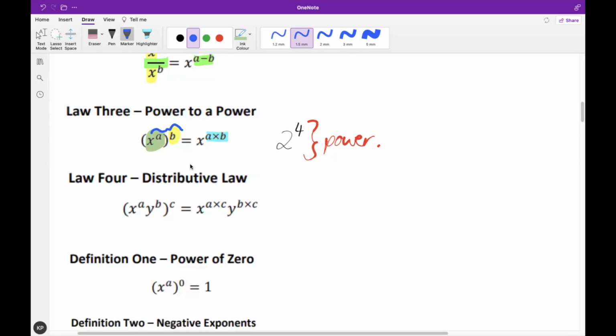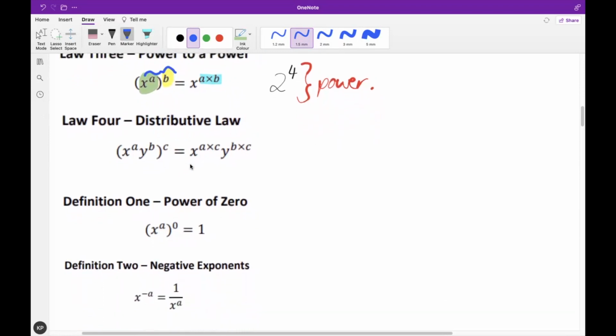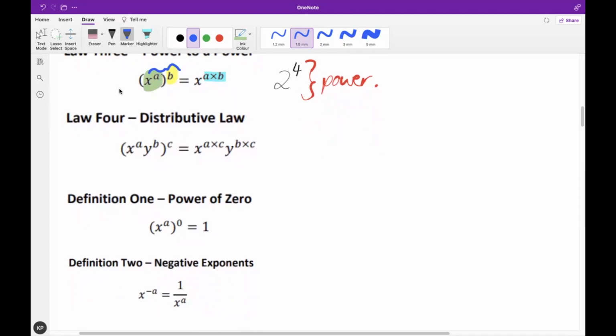And then we have the last law before my definitions. The last law is the distributive law. If you look here, this law says if you have 2 bases, so in this case, I have an x and I have a y, or 2 powers rather, because x is to the power of a and y is to the power of b. If this is the case, and all of this is raised to another exponent, then you distribute it.